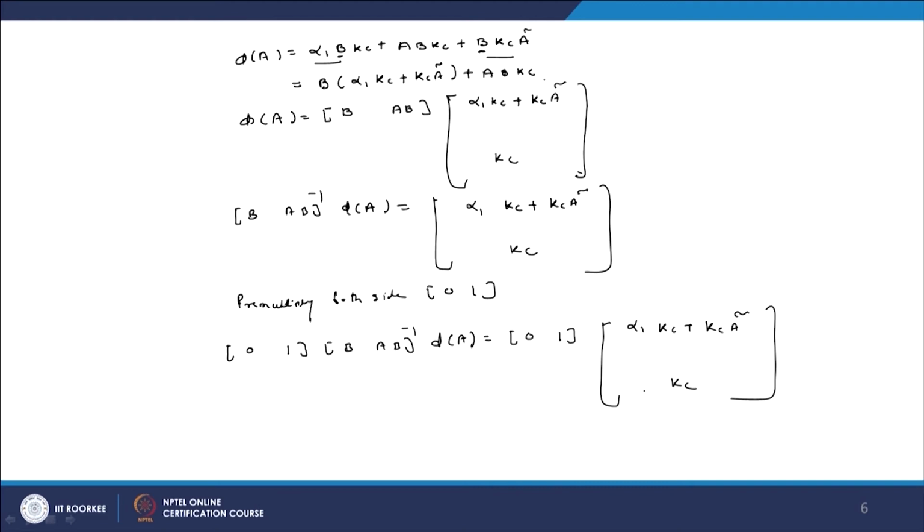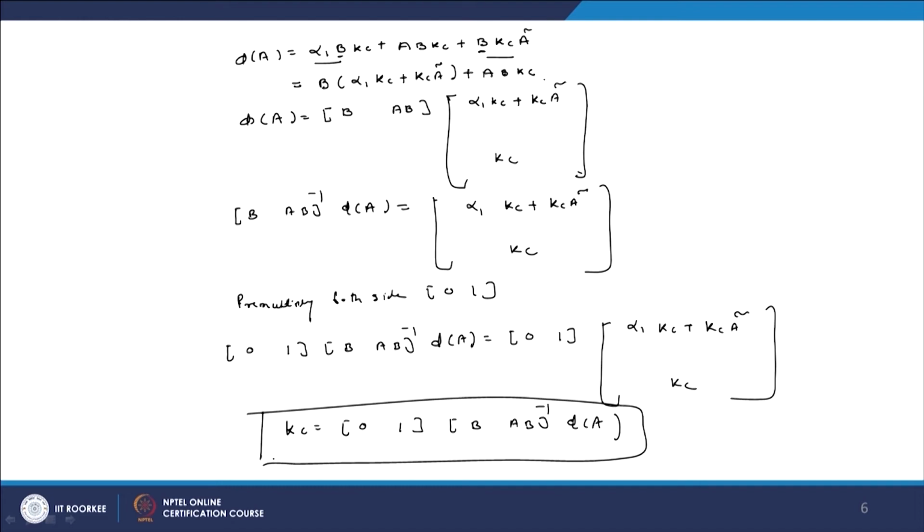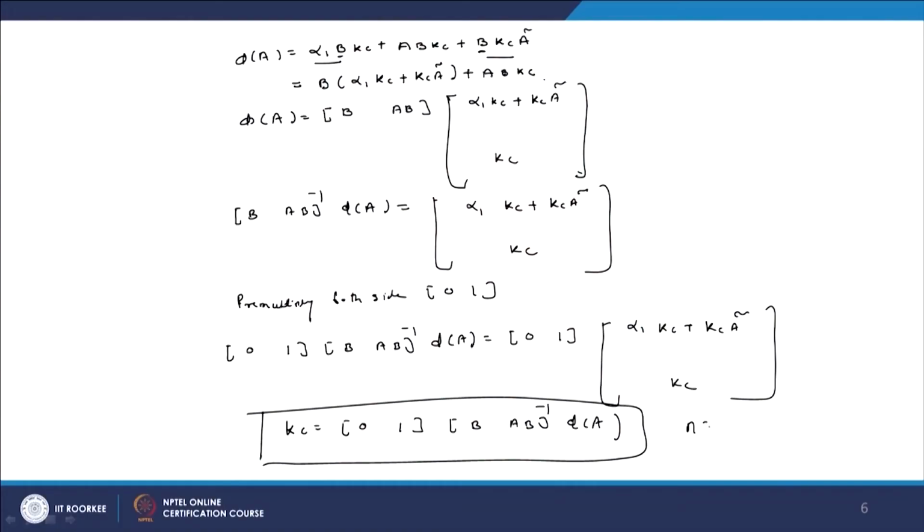Now, after solving it, so what we will get, this k c equal to 0 1 b a b inverse into phi of a. So, this is the controller which is determined, and particularly the phi of a here we have considered as the desired characteristic equation. So, whatever the desired characteristic equation is there, we write in terms of lambda and replace that lambda by a. So, this equation we have determined for when n equals to 2.